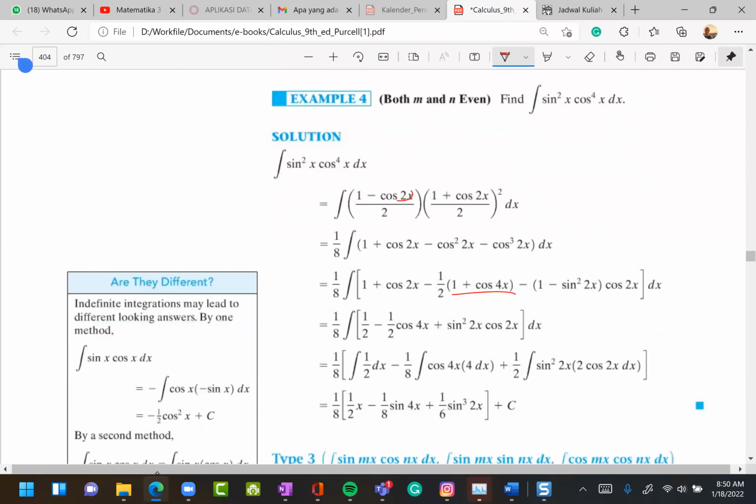Cosine power 3, you split this cosine, take one cosine out, and then power 2 is replaced by sine. You can replace this square by doubling the angle, so it becomes cosine 4x. Okay, so that's the trick of this.